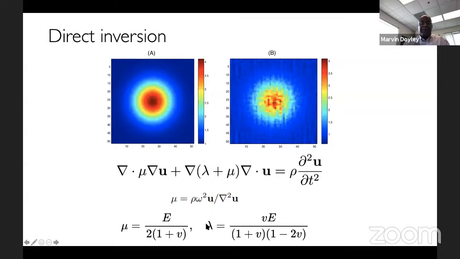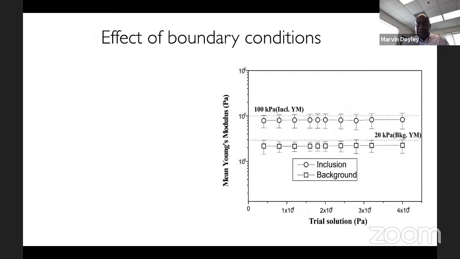And the Lamé constant is related to both the Young's modulus and the Poisson ratio by this equation. Actually, what we do now is we don't solve for E anymore. We set up a solver to solve for both mu and lambda, because it's a much cleaner implementation.